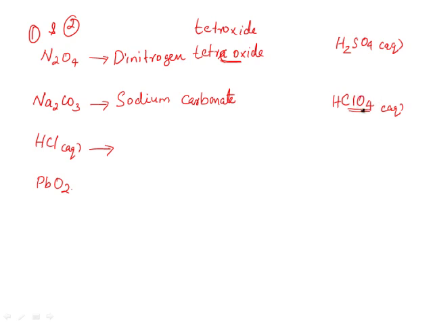When you see H and AQ, that means it is an acid. This is perchlorate ion, therefore it will be perchloric acid.